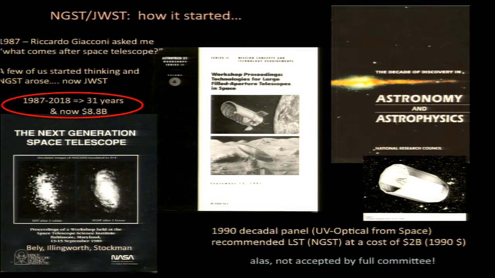And so several of us got together and started thinking about this and came up with the concept of a passively cooled, predominantly infrared telescope that we wanted it to do UV and optical. And so quite a bit of work was done around that time. Even a panel in the decadal survey recommended that this be done in 1990. The overall committee turned it down.